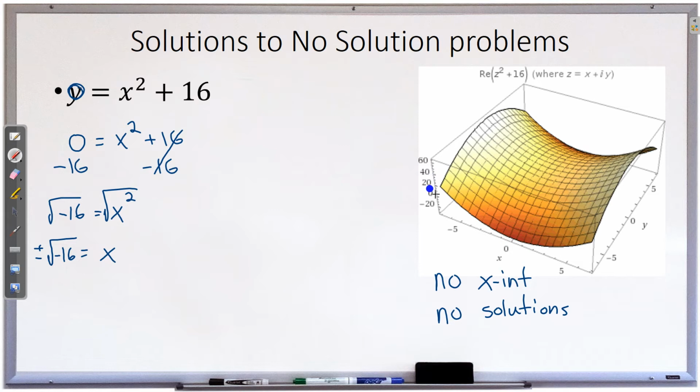So our x-axis here, you could think of it as somewhere in here. And if we pull that parabola down in 3 dimensions, it will eventually cross that x-axis and give us x-intercepts and give us solutions. All we have to do is play around with this square root of negative 16 and force that to work. So here's how we do that.